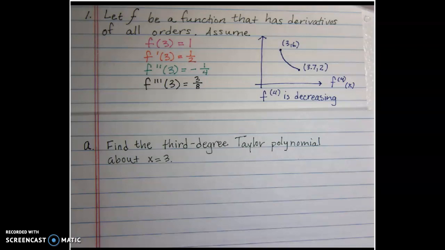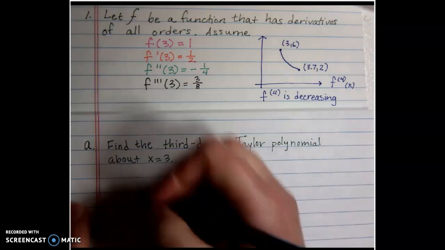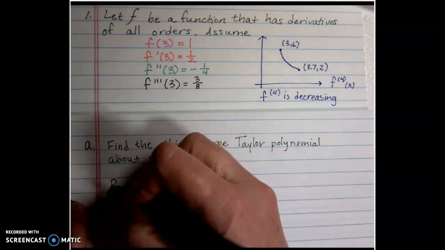Okay, so for part A, they asked you to find the third degree Taylor polynomial for x equals 3. So I'm looking for the third degree polynomial.